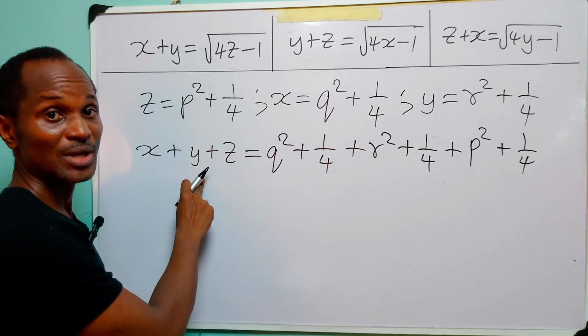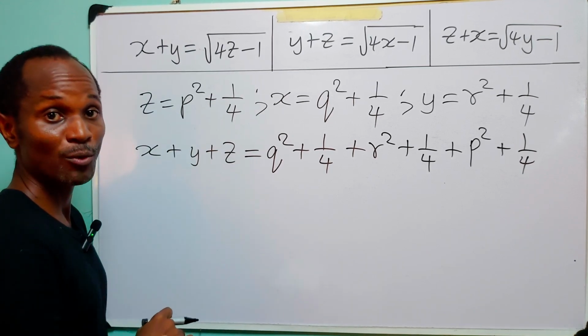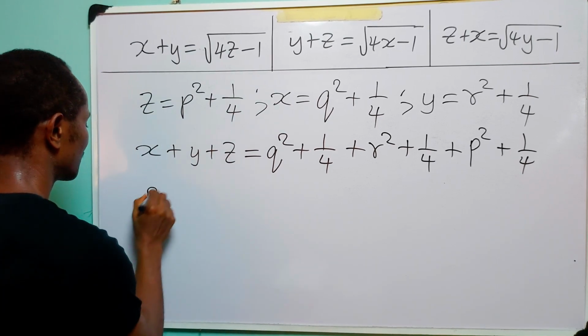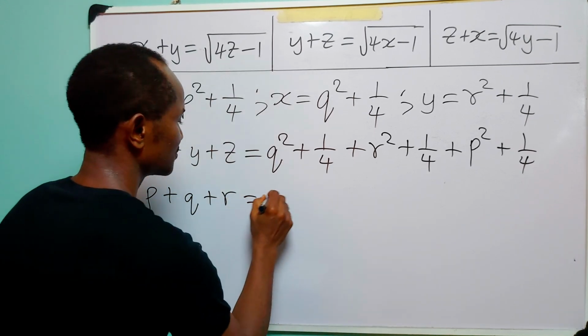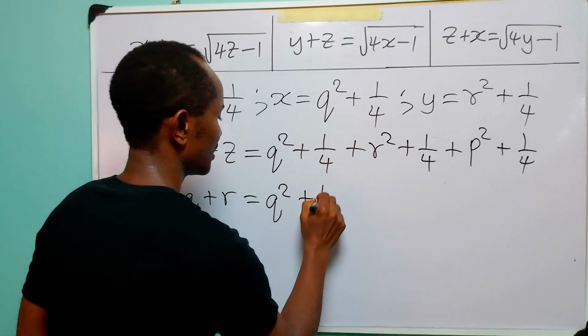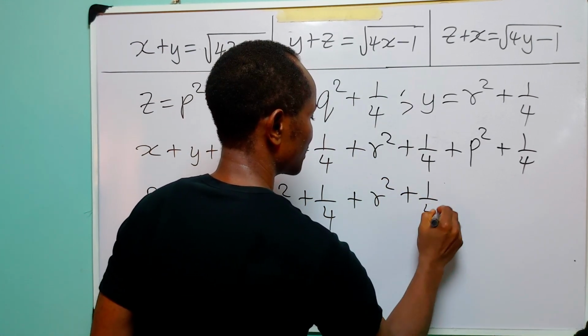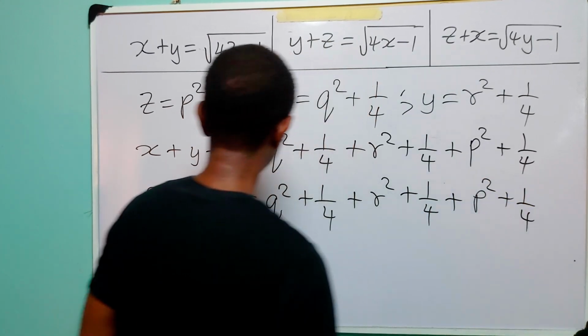But let us remember that we have already established that x plus y plus z is equal to P plus Q plus R. So we have that P plus Q plus R is equal to Q squared plus 1 over 4 plus R squared plus 1 over 4 plus P squared plus 1 over 4.